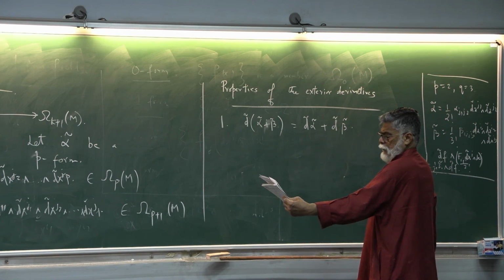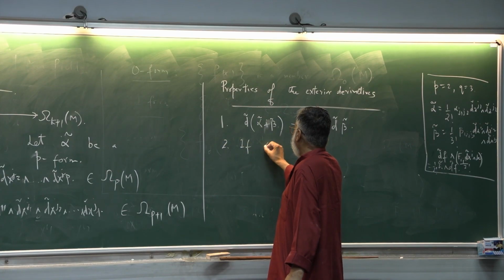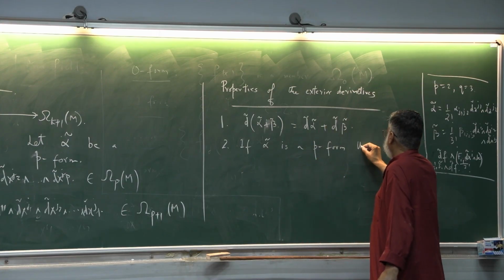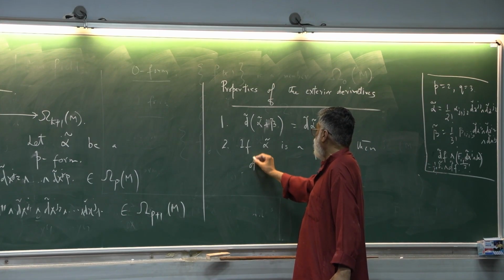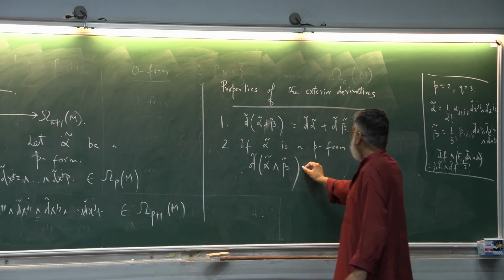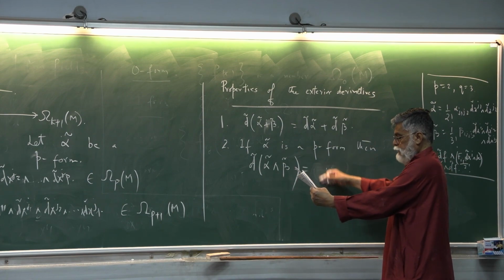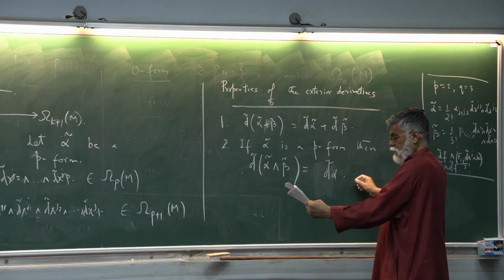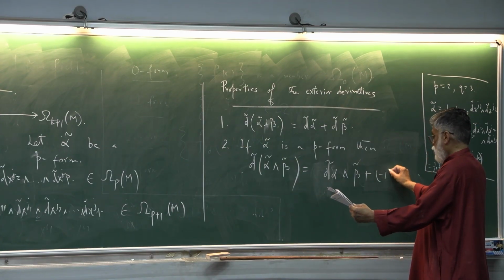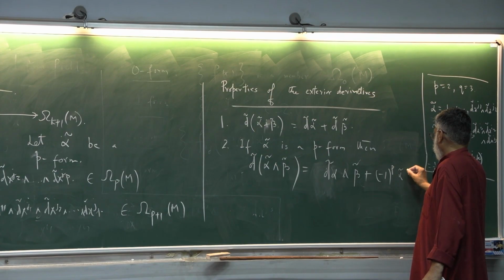The second property is, if alpha is a p-form, then d of alpha wedge beta, where beta can be any form, is the same as d of alpha wedge beta plus minus 1 to the power p alpha wedge d of beta.